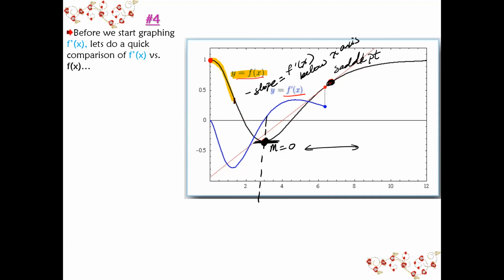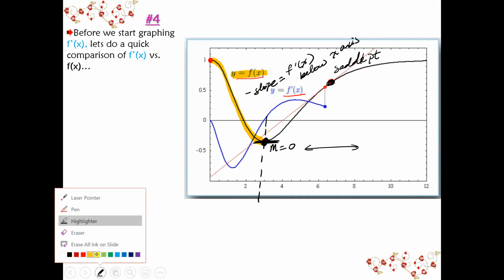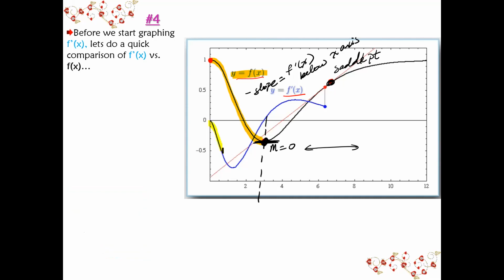So once again, let's try this one more time. So this right here is a negative slope, which means your f prime of x has to be below the x-axis, okay? Then, if you take a look at the continuation of this, when the slope transfers from a negative to a positive to the next point, that's a positive slope.